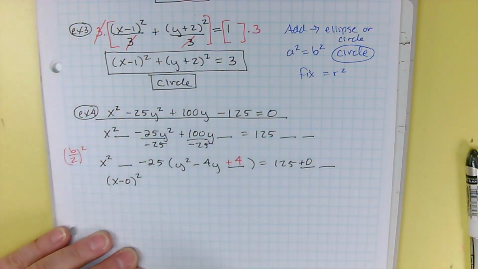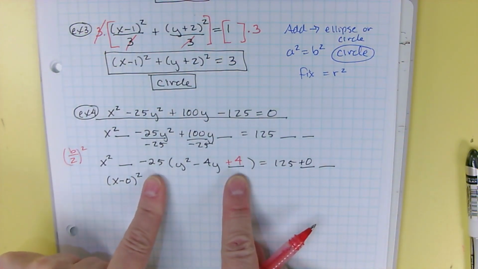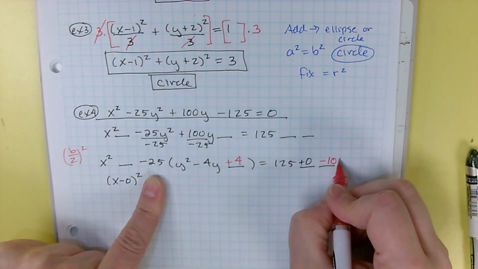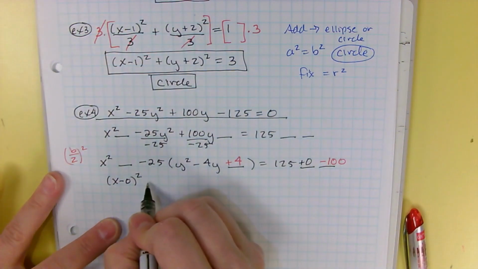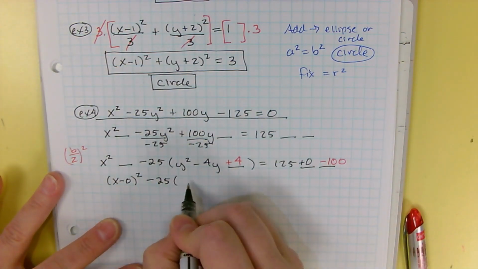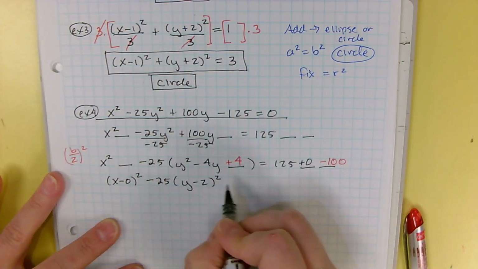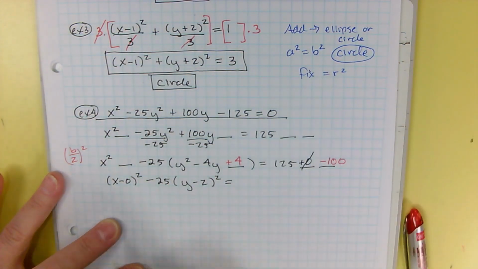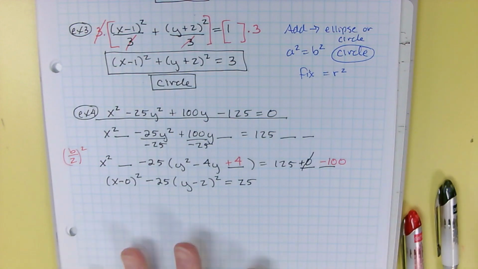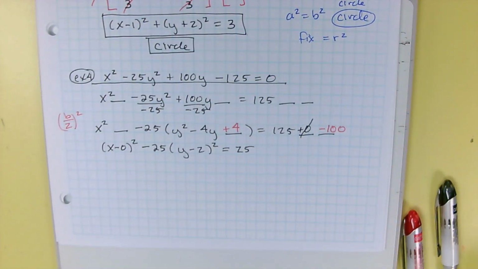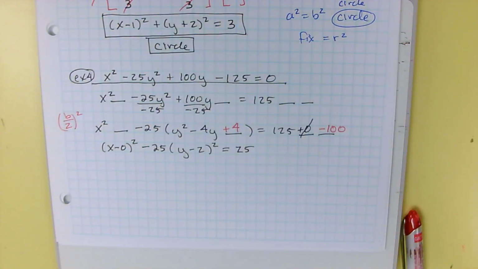So we're going to add 4, but we just added a negative 25 times 4, so it's going to be negative 100 to keep it balanced. All right, so let's complete the square. So I have negative 25, and then (y minus 2) squared equals 125 minus 100, which is 25. So we've completed the square.